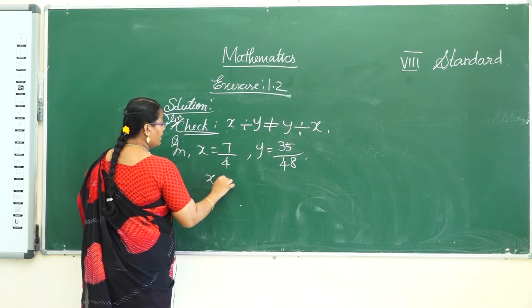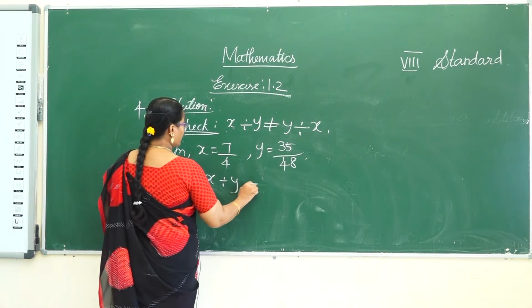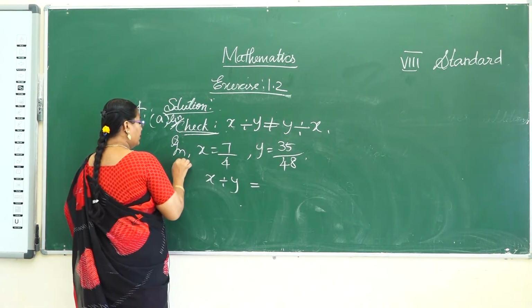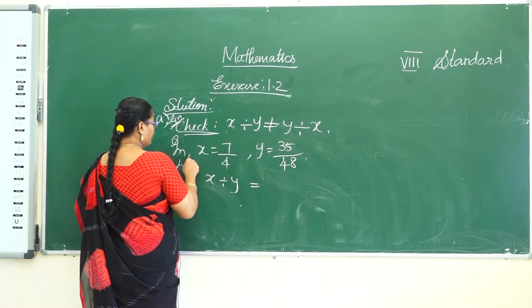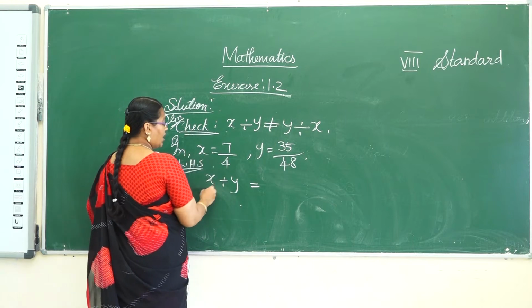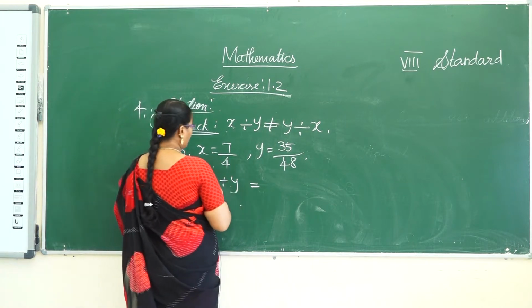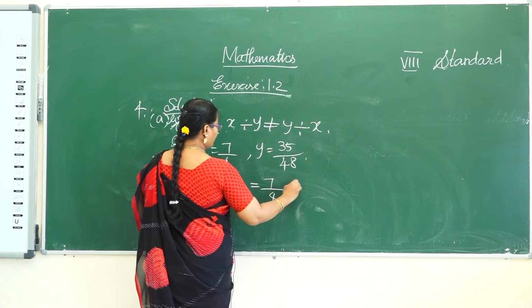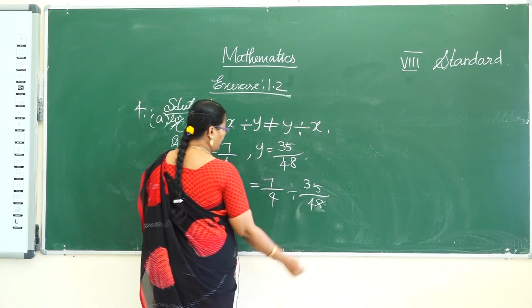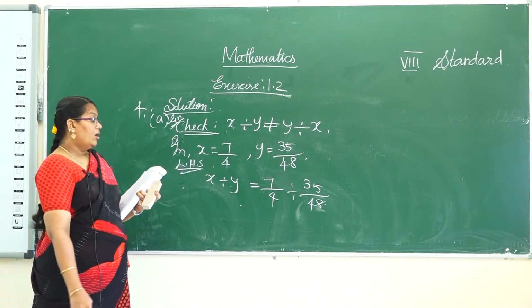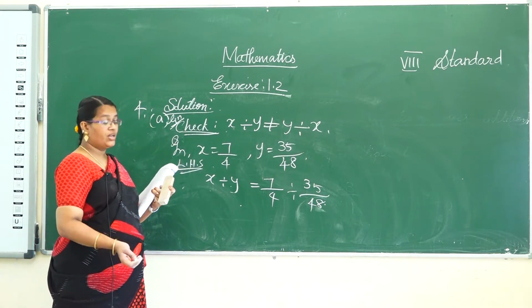So x divided by y, we consider the left hand side. x divided by y is equal to 7 by 4 divided by 35 by 48. Already you know how to divide rational numbers.